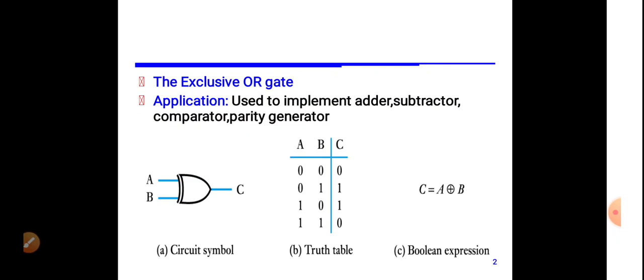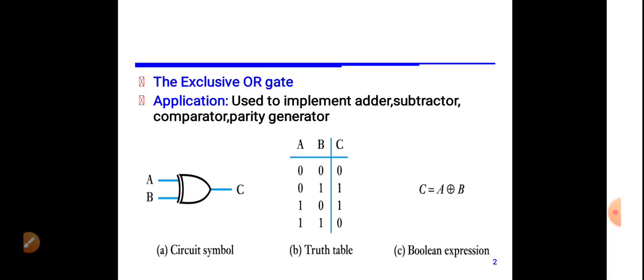Or I can generalize this XOR gate in another way: whenever there is an odd number of ones, the output is 1. If I take a 3-input XOR gate, I'll have 3 inputs A, B and C, and let me take the output as D. With 3 inputs, I'll get 8 different combinations, from 000 to 111.